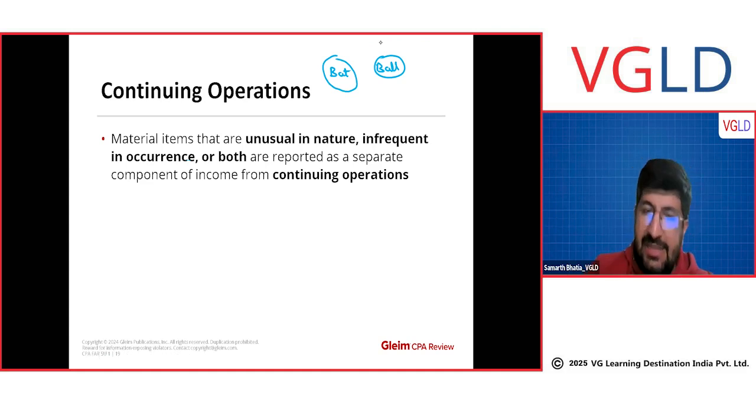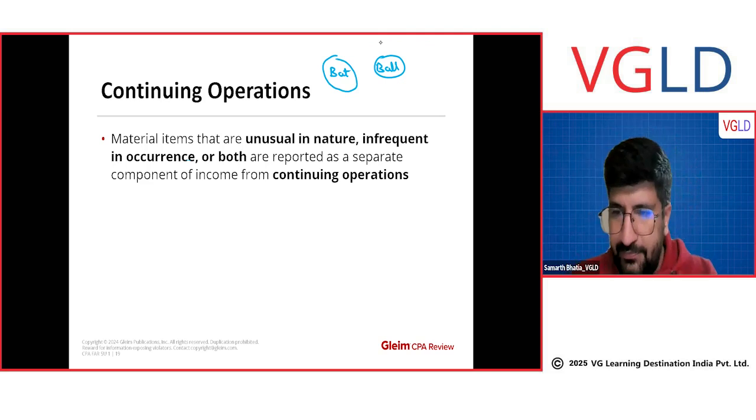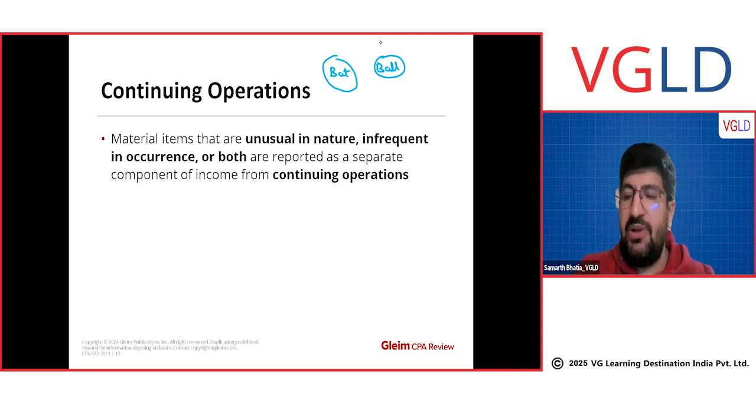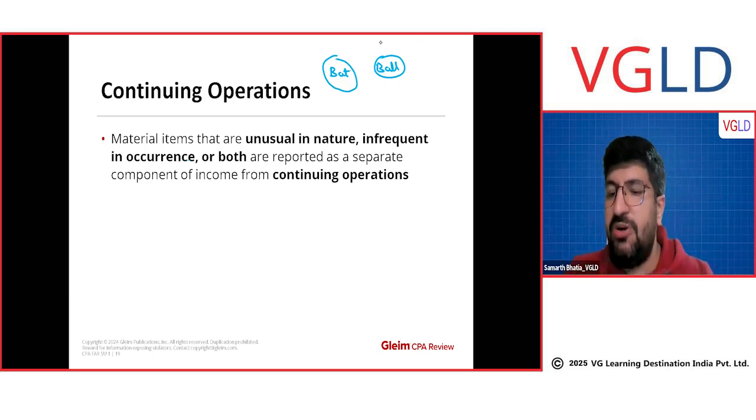They are saying any material items that are unusual in nature, which is not usual, not on a recurring basis, or infrequent in occurrence, or both, are reported as a separate component of income from continuing operations.